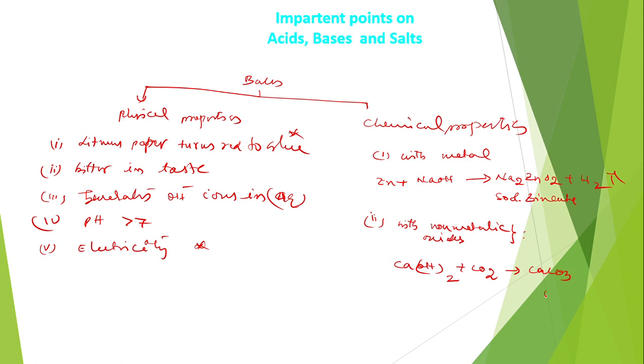This is a white precipitate. In previous questions we have seen this, plus water. So water is a liquid and CaCO3 is a white precipitate, solid. Okay. CO2 is gas, the hydroxide is aqueous. So this is also an important reaction.